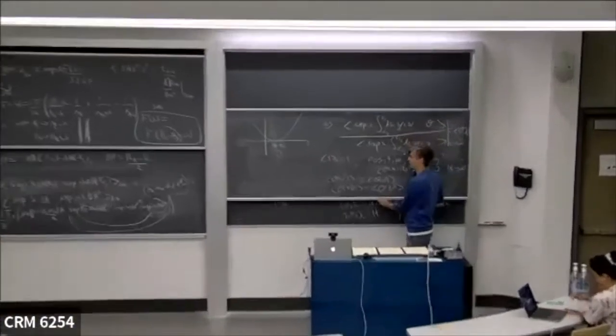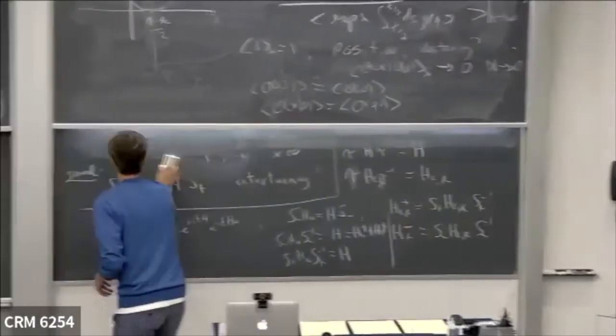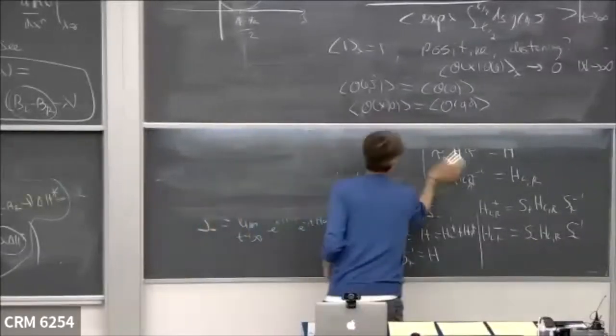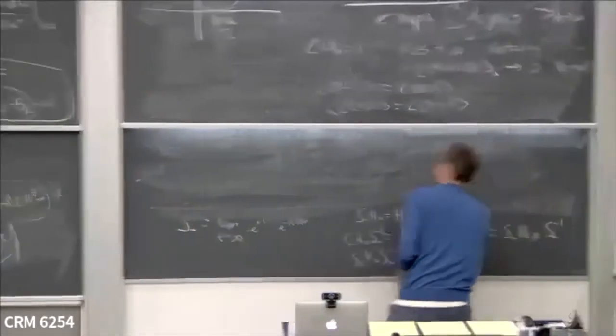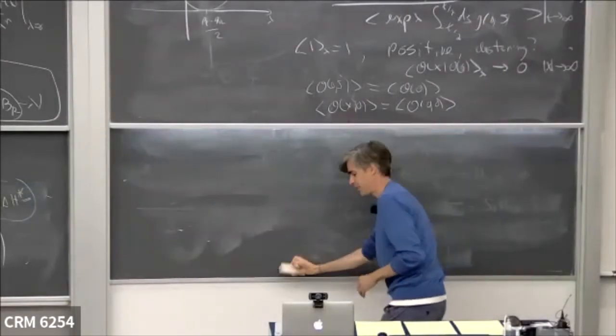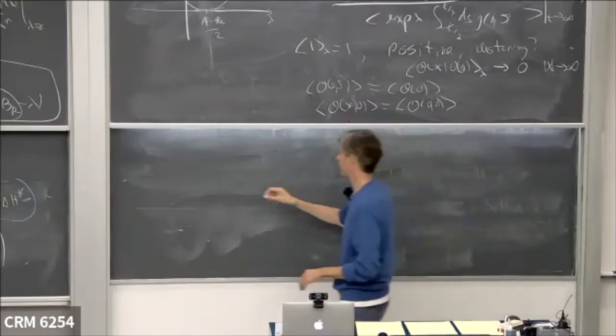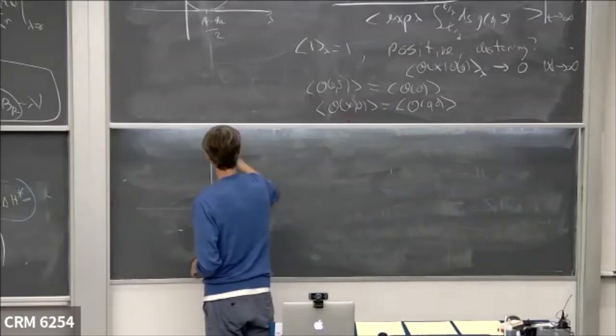Suppose I shift in space. I can shift my whole current by inserting at infinity some small segments of integration of the density. So I have integration of the current there at 0.